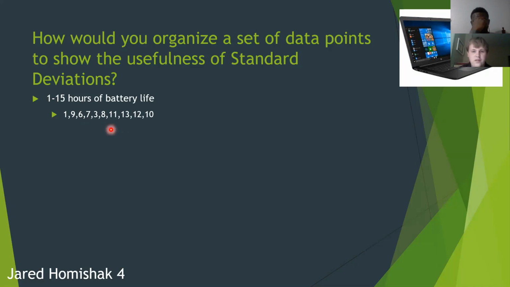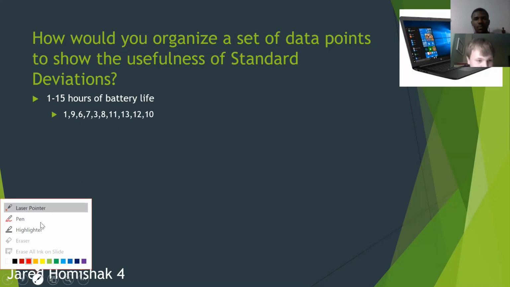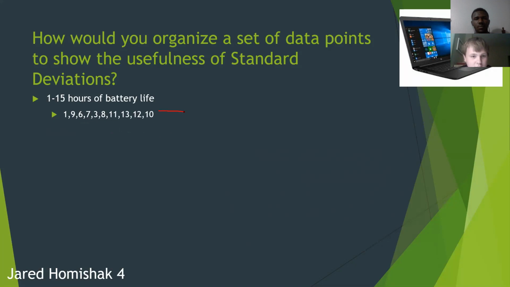To calculate the standard deviation, first start off by finding the mean of the data, which I did the math for a little earlier. The data should be 1 plus 9 is 10, plus 6 is 16, plus 7 is 23, plus 3 is 26, plus 8 is 34, plus 11 is 45, plus 13 is 58, plus 12 is 70, and plus 10 is 80.